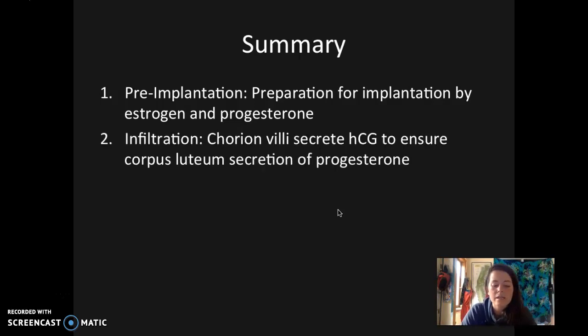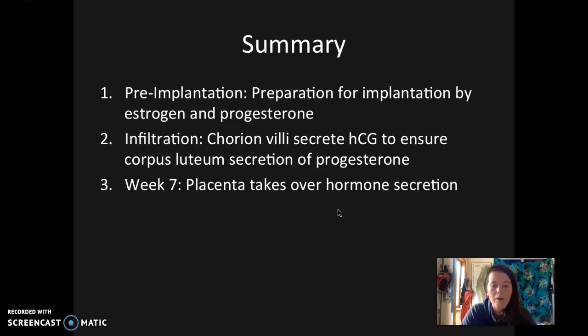When the blastocyst begins to adhere to the endometrial wall, the chorionic villi infiltrate the endometrium and slowly begin forming the placenta. These villi secrete the hormone HCG, which ensures that the corpus luteum continues to produce progesterone, which is what is responsible for preventing menstruation.